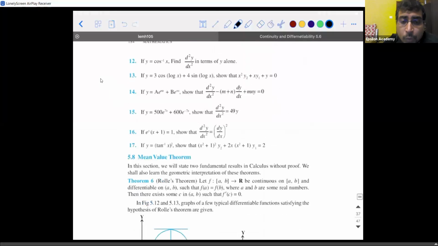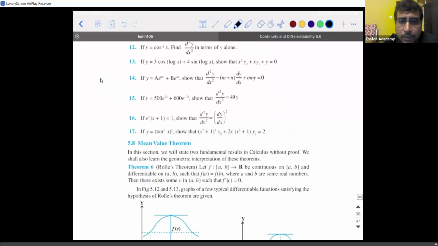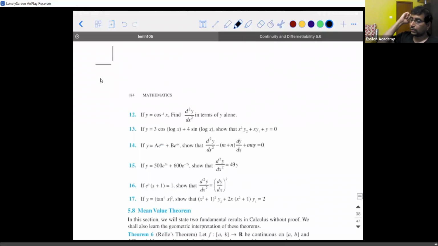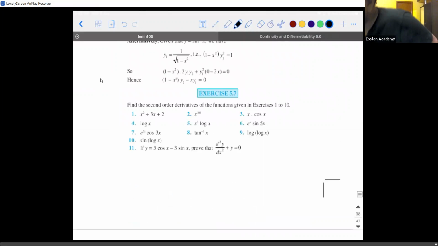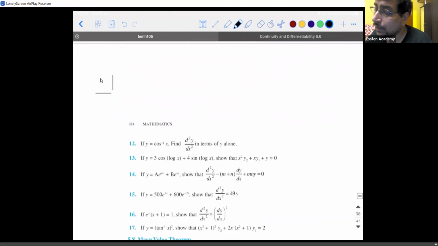You just have to differentiate everything twice and then write it. If there is any problem that is tough and you want me to do, you can let me know. I think we can try some of the last few problems. I'll start going from 12th. Till 12th it is easy only, you can prove it.